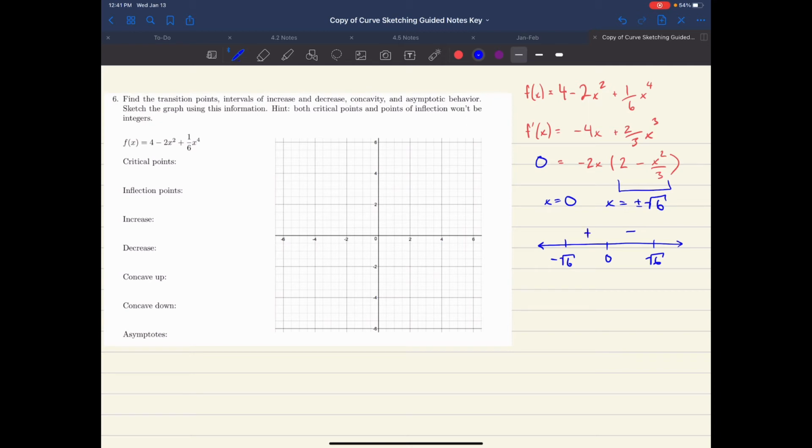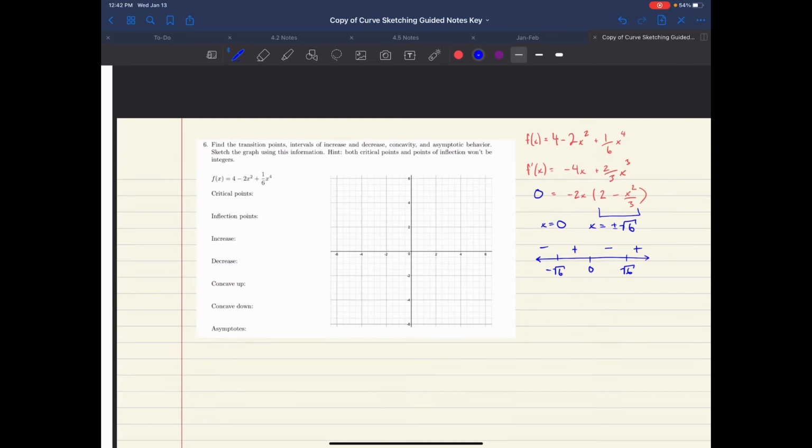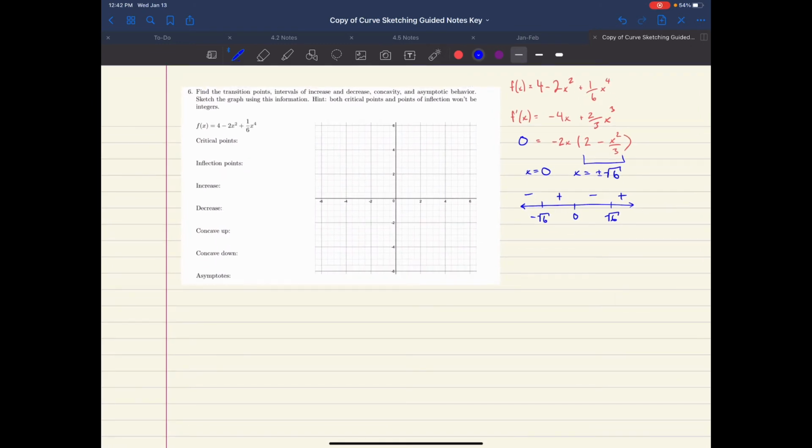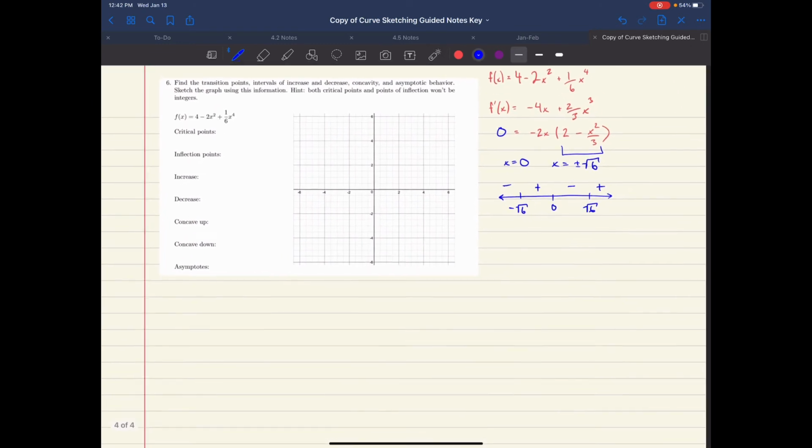If I plug in a number above √6, which is just above the value 2, I can plug in like a 3, and I would get a positive number here. And if I plug in a number less than negative √6, like negative 3, I would get a negative number. Okay, so when you do these problems, just go ahead and run through all those parts, because we're going to use that. Okay, so next, this would be the first derivative.